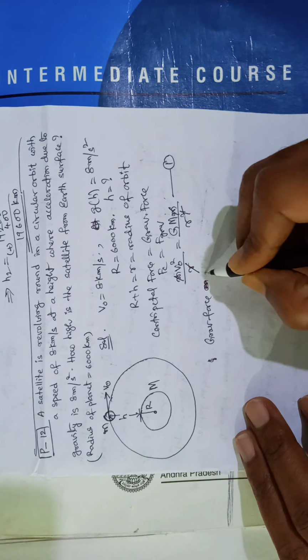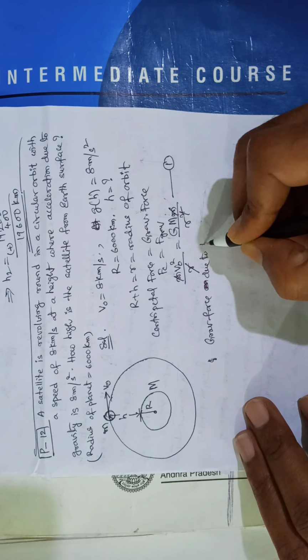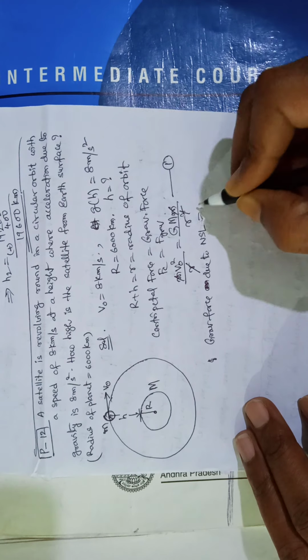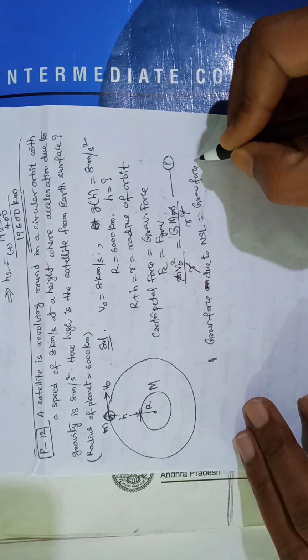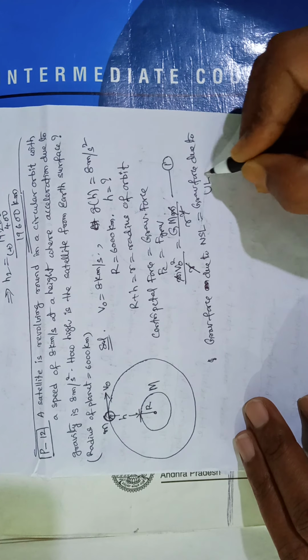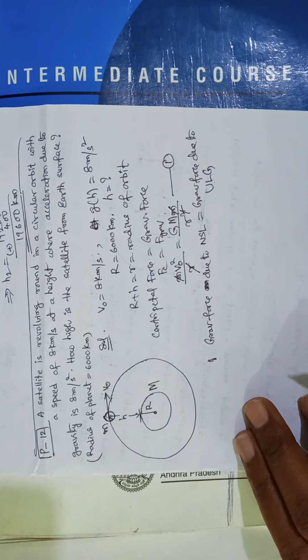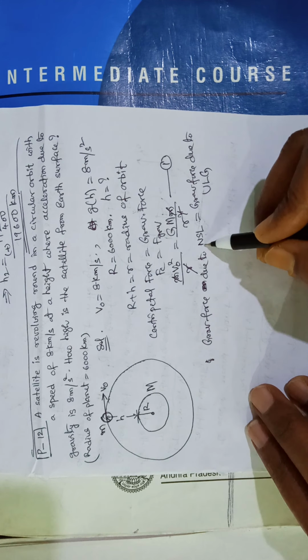Gravitational force due to Newton's second law is equal to gravitational force due to the universal law of gravitation. See, gravitational force due to Newton's second law, F is equal to mg.